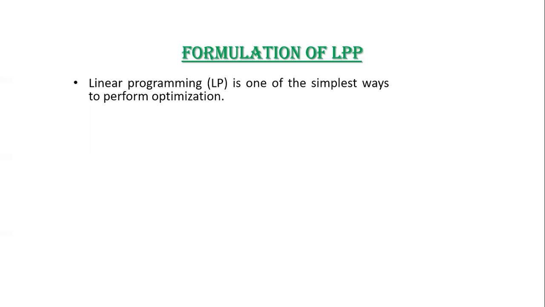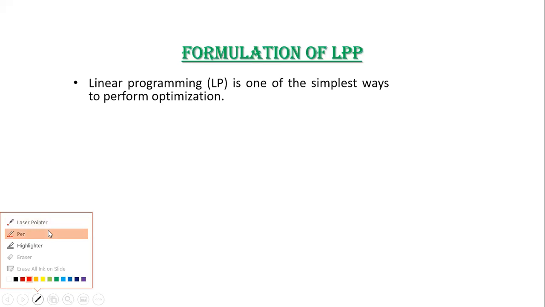Means we have to maximize profit, or minimize loss, or maximize revenue, maximize efficiency, minimize the cost, minimize the error. Like that, the ultimate aim of the industry or process or maybe any college is either maximize something or minimize something. So optimization is nothing but maximize or minimize something, means a function.